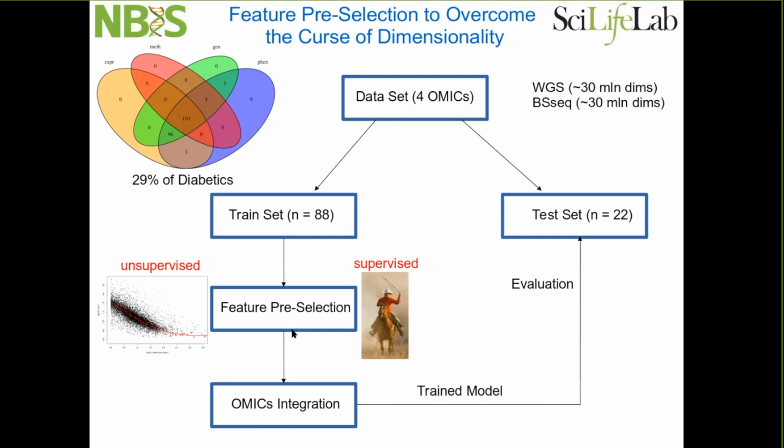And there are two different ways of doing feature pre-selection. If you have a clear phenotype of interest, such as type 2 diabetes in this example, you can use, for example, Lasso. It's a very popular, famous method for extracting the most informative features, genes, for example. You assume that there is some redundancy in the gene expression matrix, that not all genes are independent.